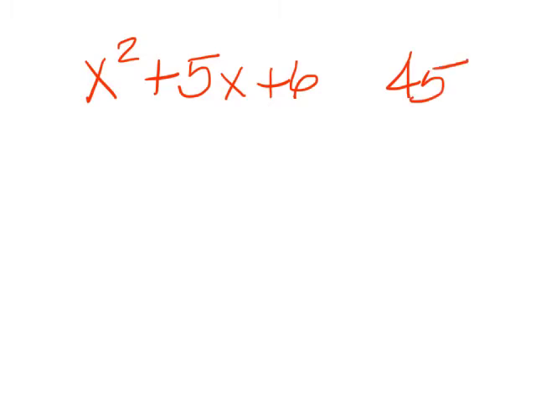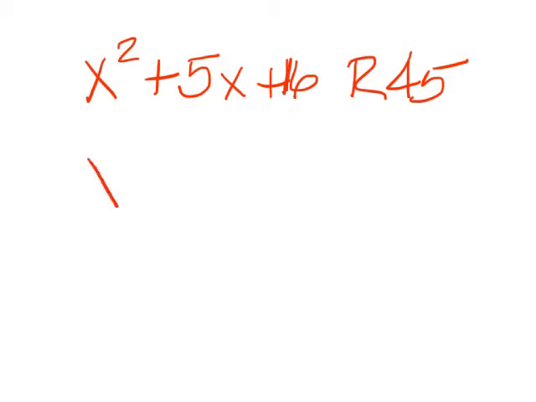And it's going to look like this. X squared plus 5x plus 16. And you have a remainder of 45. It should be 16, yeah, 16.